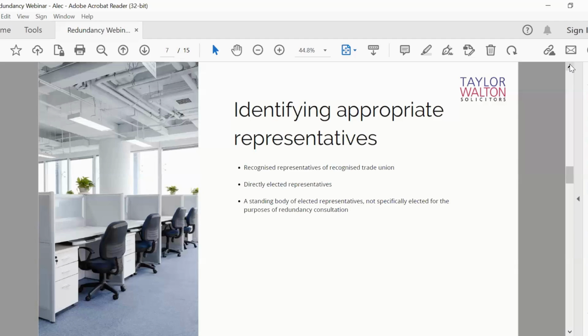Now, if there are more candidates than representatives required, then the employer is required to hold an election to elect those representatives for the staff. And okay, that is a bit of a palaver.